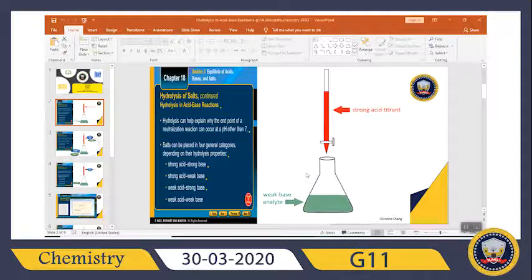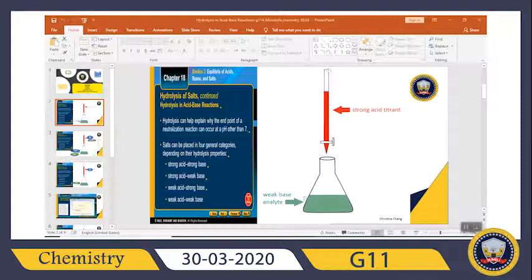And as we mentioned inside the class and inside the lab, we explained the instruments that we can use during titration. We will use conical flask, we will use burette. This is conical flask and the other is burette.